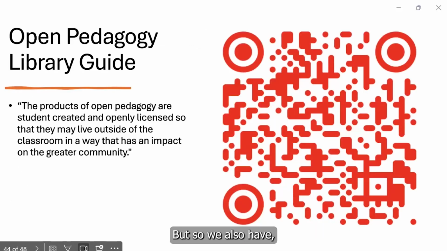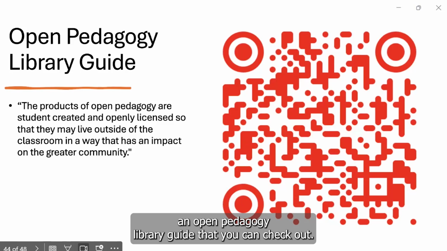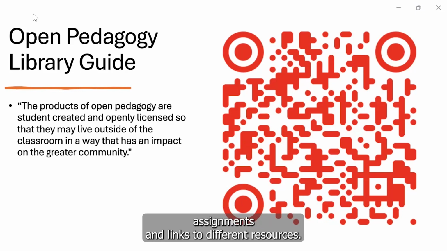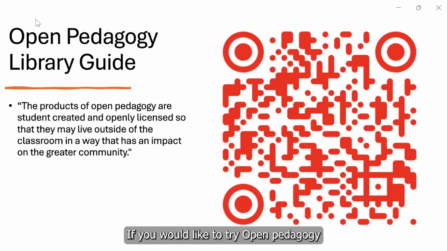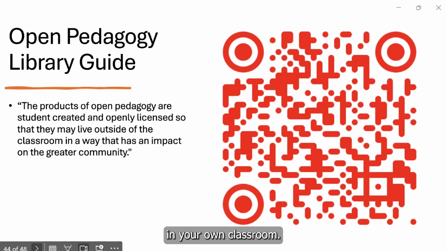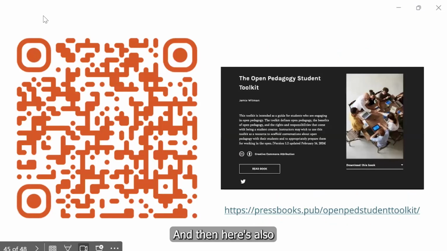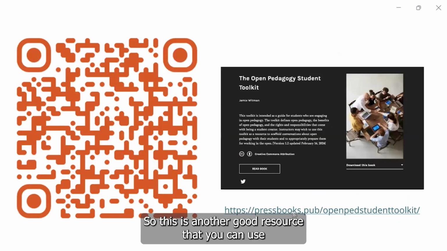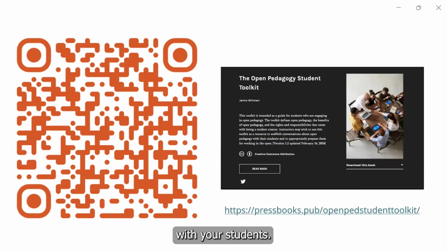We also have an open pedagogy library guide that you can check out. It has some sample assignments and links to different resources if you would like to try open pedagogy in your own classroom. And here is also the open pedagogy student toolkit. This is another good resource that you can use if you would like to try out open pedagogy with your students.